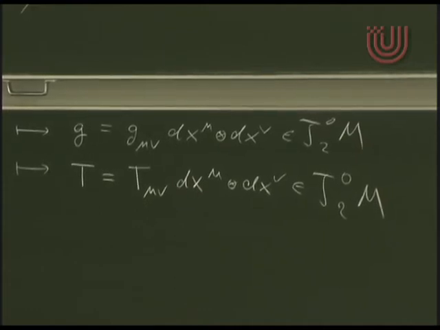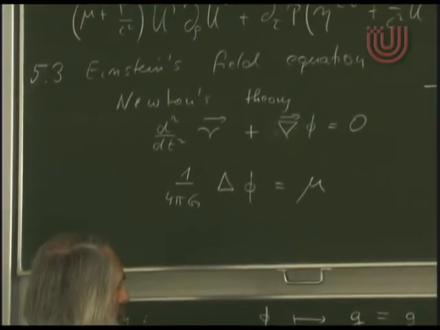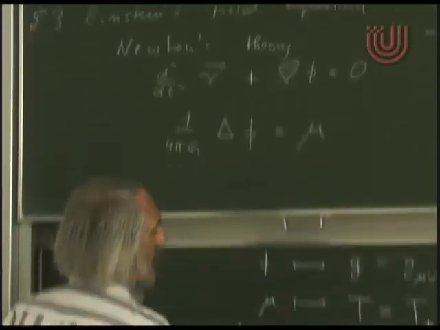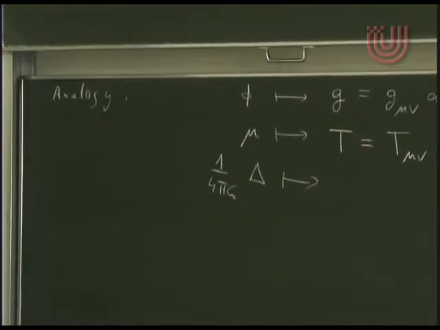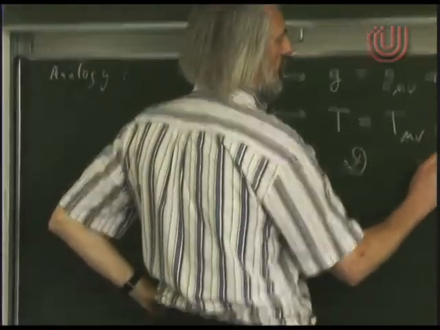Well, and then what we need is an analog of this differential operator. So here we have 1 over 4 pi G del, which would obviously go into some differential operator.